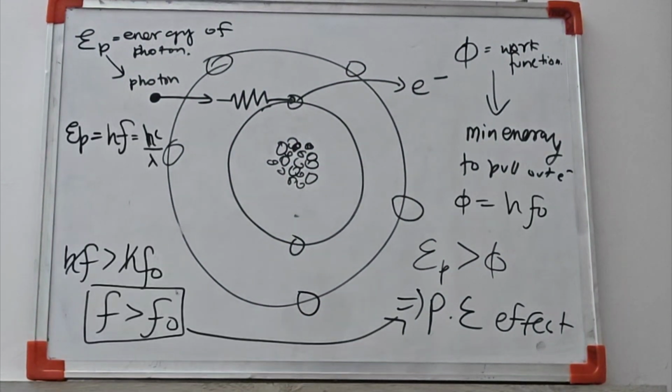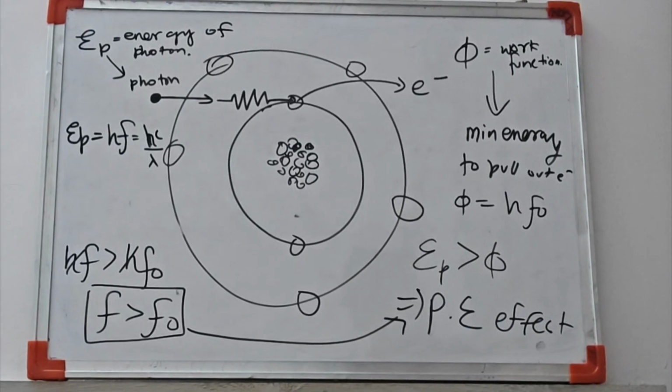Now we can see here that the energy of the photon is defined as hf, h being Planck's constant and f being the frequency of the wave, which can also be written as hc by lambda, lambda being the wavelength and c being the speed of light, and h is Planck's constant again. Now the energy of the photon is energy and the work function is also energy.